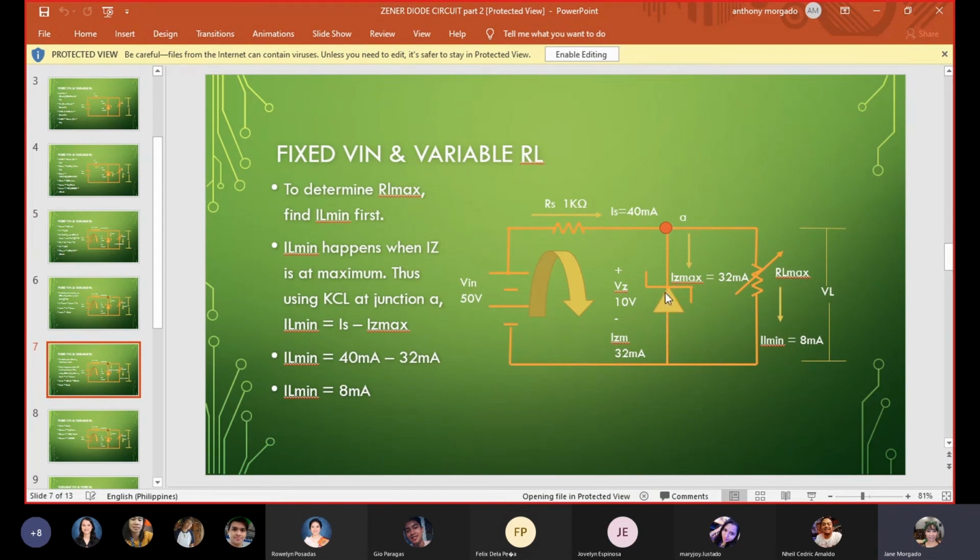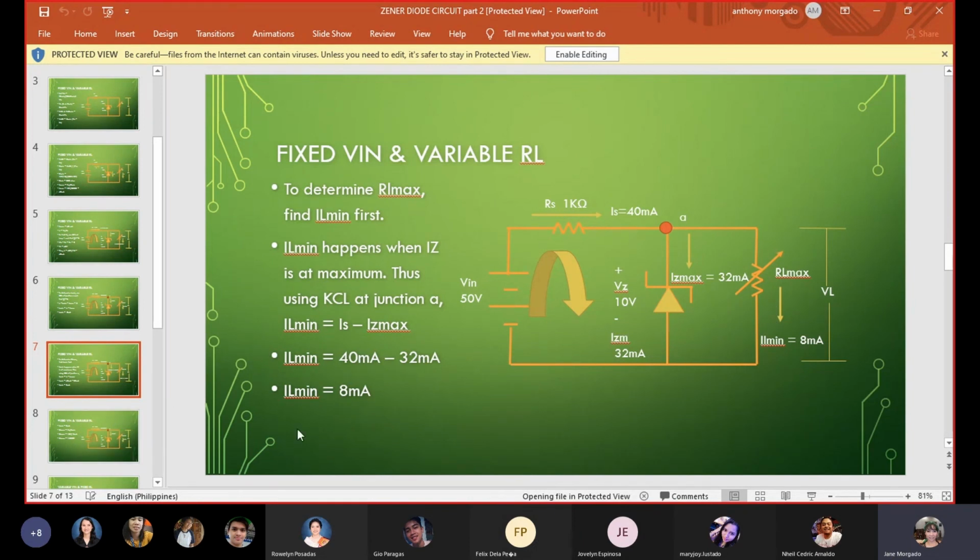So the input is 40 milliampere and most of the current already go through Zener at 32 milliampere. Of course, ang dumaan na lang kay RL is 8 milliampere. So IL min is equal to 40 milliampere minus 32 milliampere is equal to 8 milliampere. So that's the minimum load current flowing through RL.